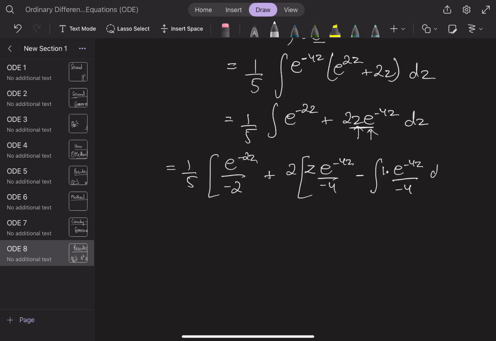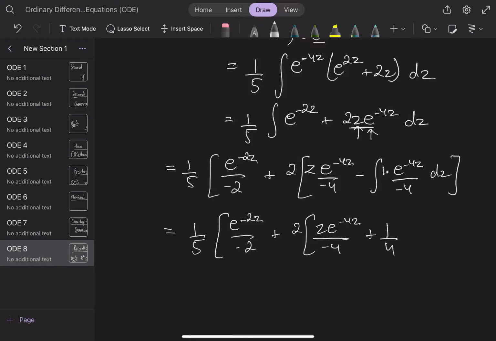1 by 5 e raised to minus 2z divided by minus 2 plus 2 times z e raised to minus 4z divided by minus 4. Let's take the plus 1 by 4 outside and integrate this, so it will become e raised to minus 4z divided by minus 4 again.